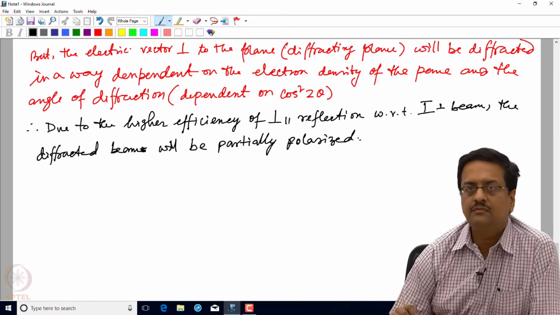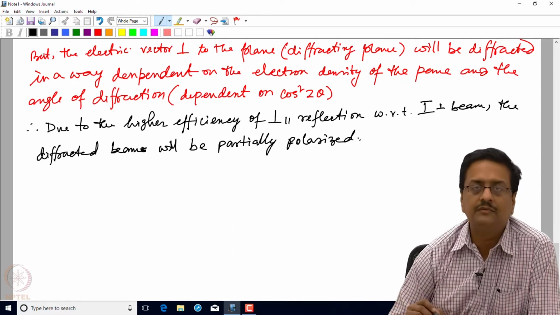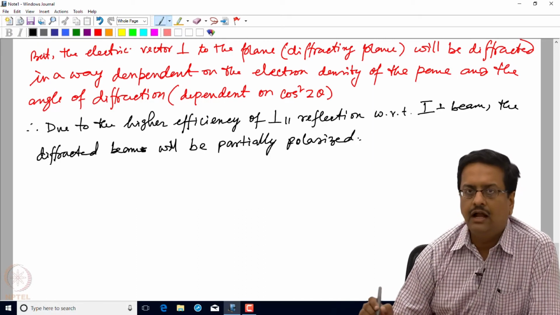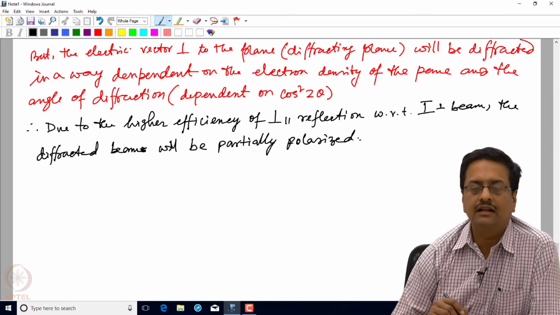So this partial polarization might cause problem in the X-ray diffracted intensity, and hence there should be a correction done.